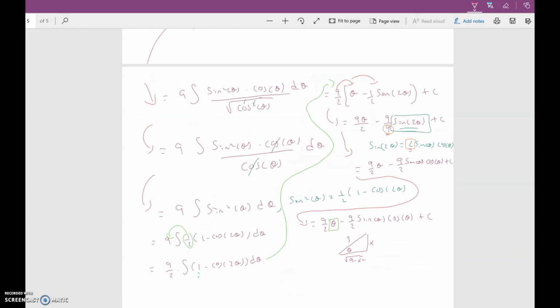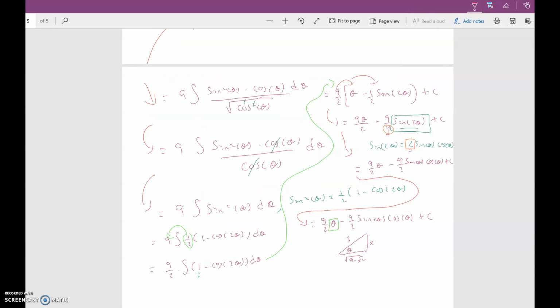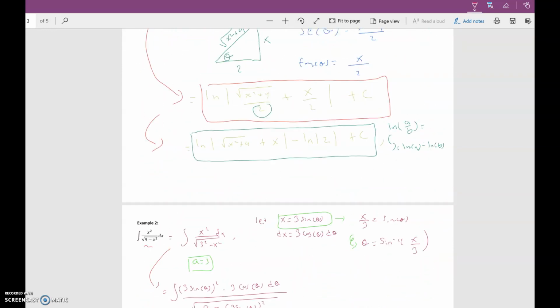Okay, so we're looking at our final answer here to be 9/2 times the sine inverse of x divided by 3, minus 9/2 times your sine value.